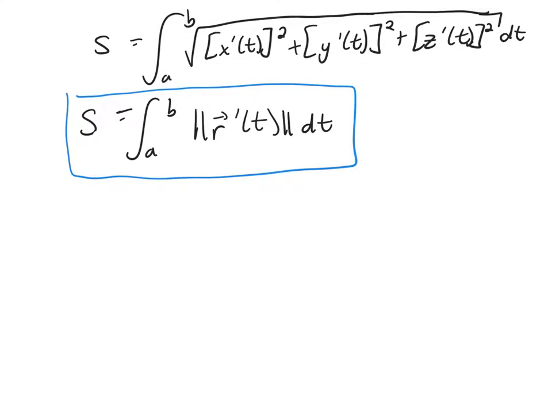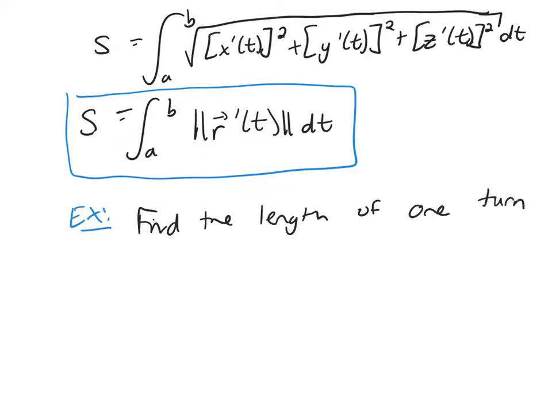So for example, let's find the length of one turn of the helix given by R of t.